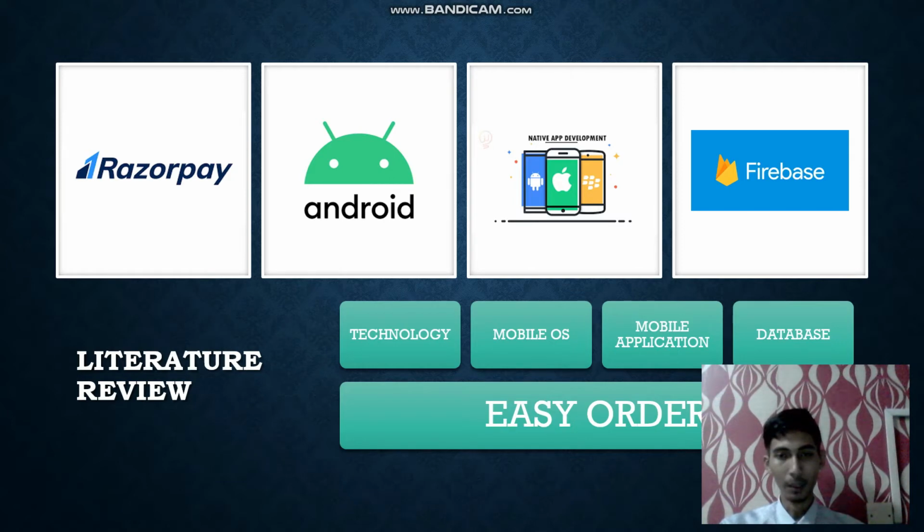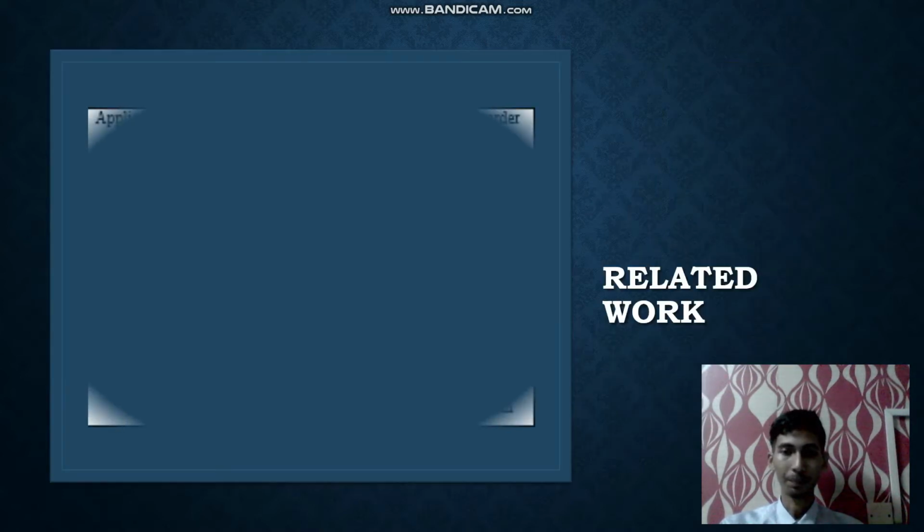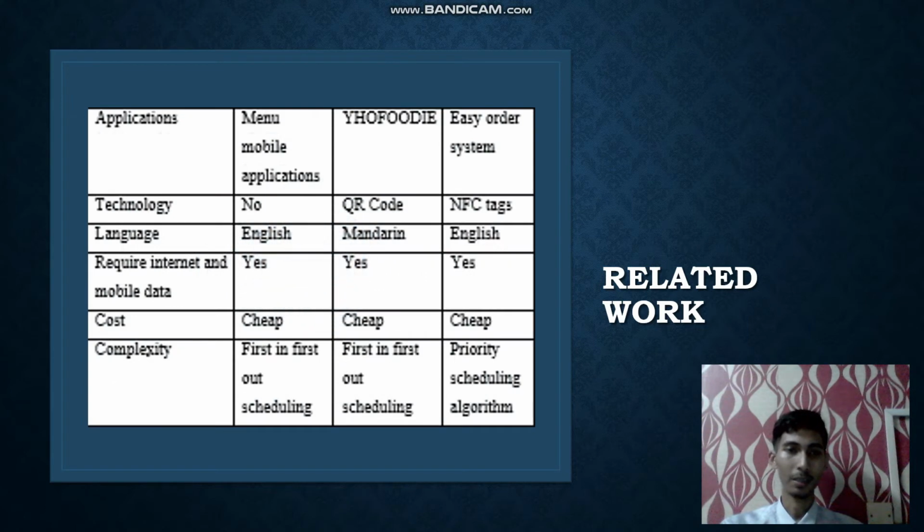For the mobile OS we are using Android, since Android is easy to develop. For the mobile application we are using native app development, and for the database we are using Firebase. For related work, there is a comparison between a menu mobile application, Yahoo Foodie, and the Easy Order system.